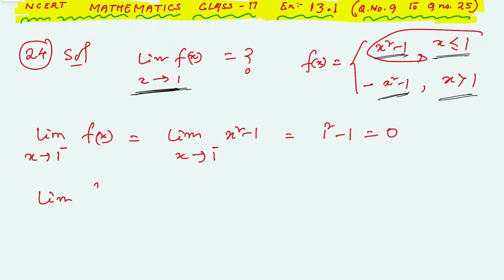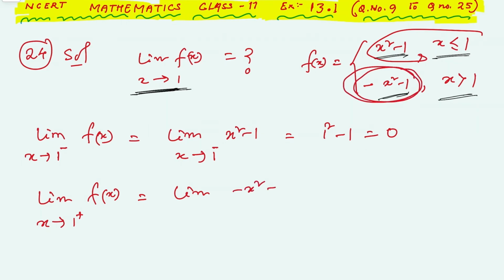Now let us find it from the other side, that is the right hand limit, x tends to 1 positive. So for x tends to 1 positive, that means x greater than 1, we have minus x square minus 1. So when x tends to 1 positive, minus 1 square minus 1, that's going to be minus 2.